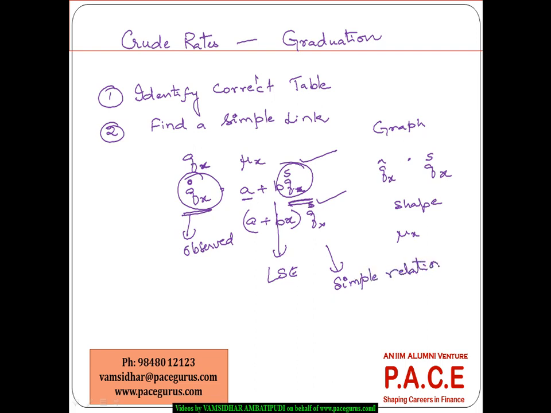If I am trying to build a complex relationship, then I could see that my data more or less need not follow in any way similar to the standard table. My data may not be following the trend or a process with respect to that standard table, so there is no point in using the standard table as a base to do the graduation.